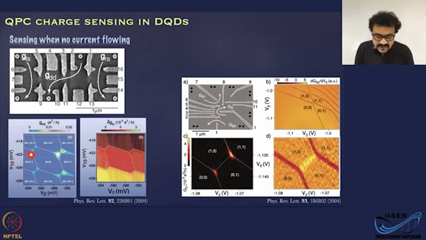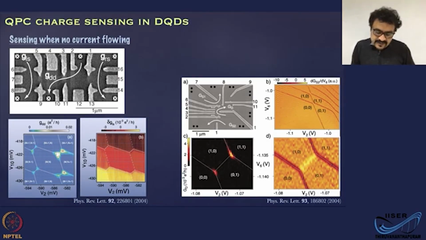And you will get this honeycomb shaped pattern, and that is the signature of the formation of a double quantum dot. And from the geometry of these diamonds, you can extract a lot of information regarding the geometry of the quantum dot. Okay.